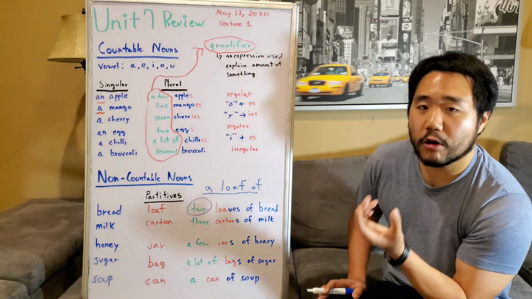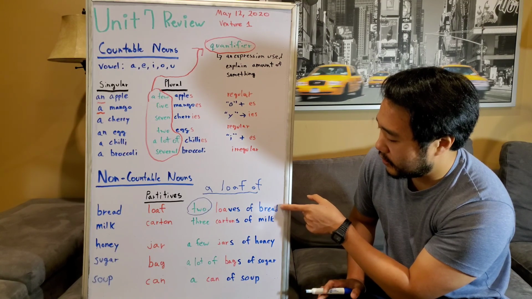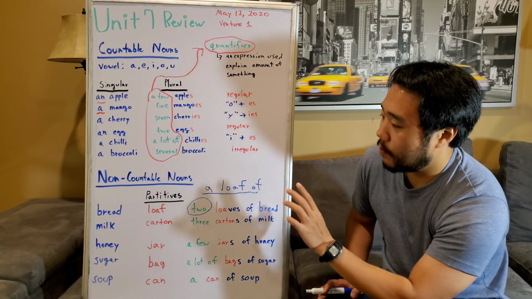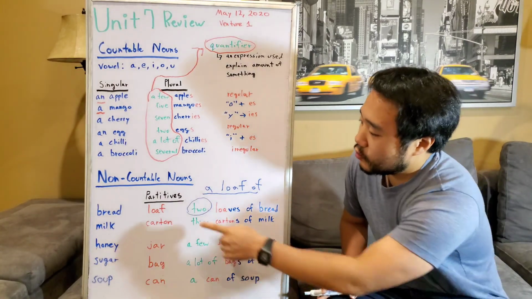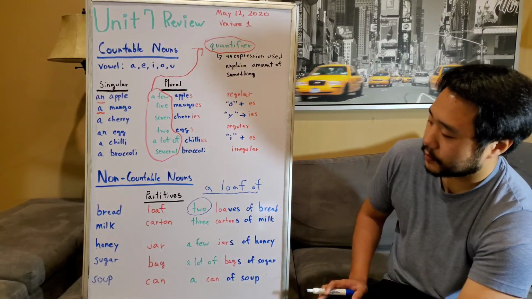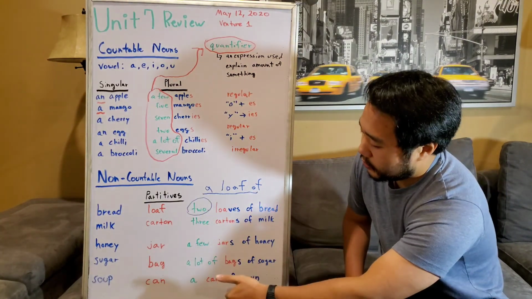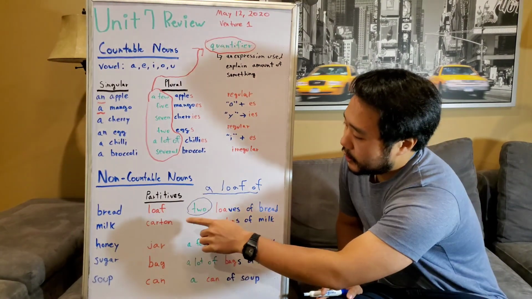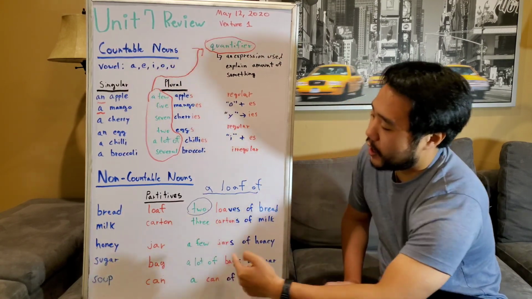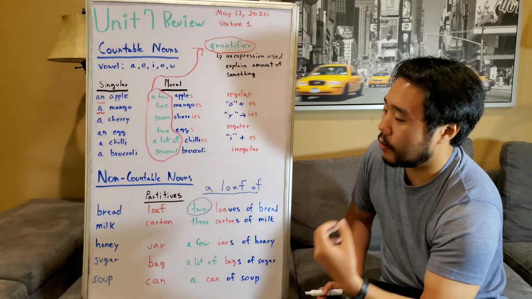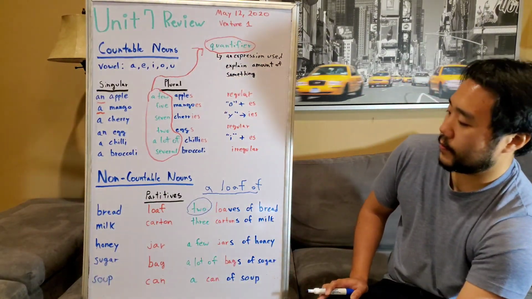There is no plural form of these exact words, but we can make them plural by making them countable using partitives. So the only thing we change is the partitive, to show that we have more than one of these non-countable nouns.